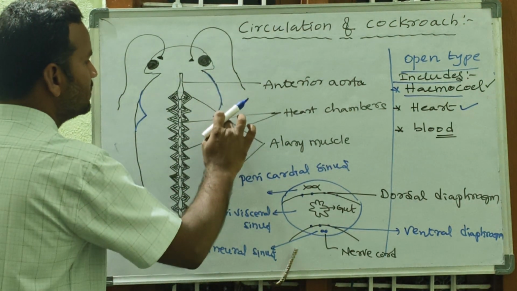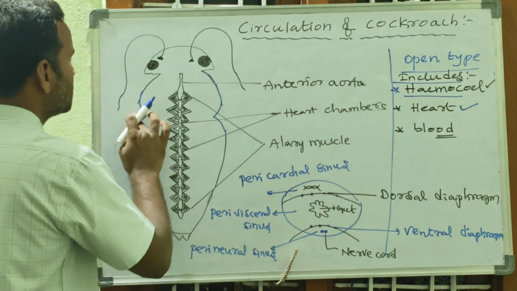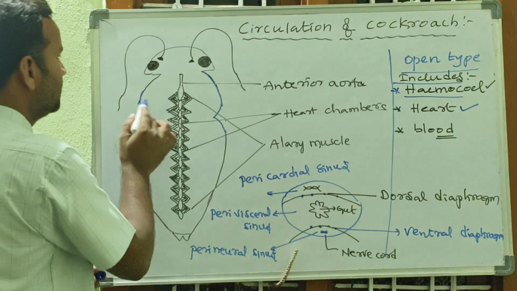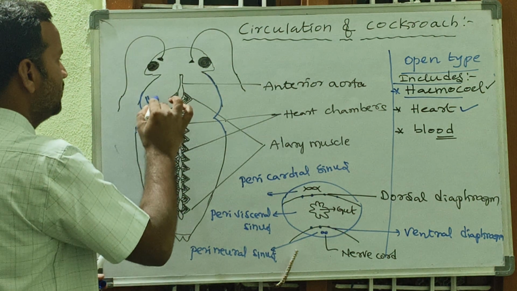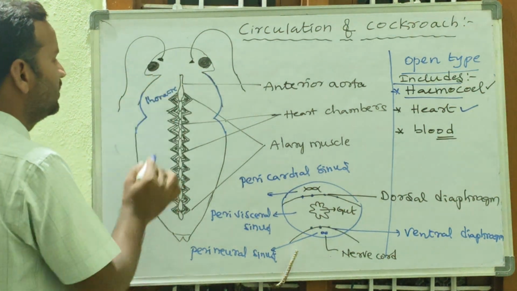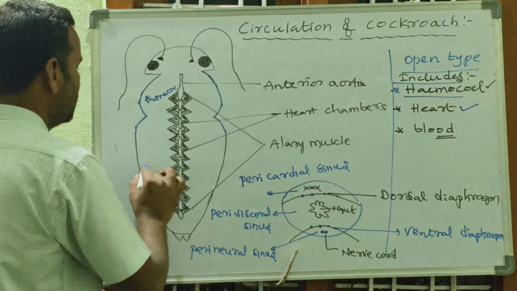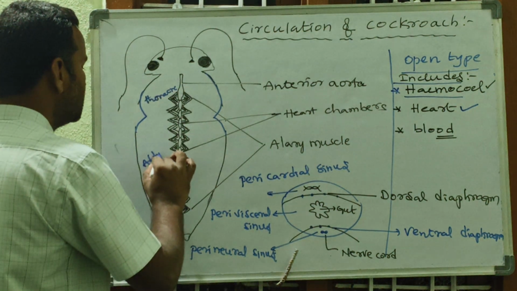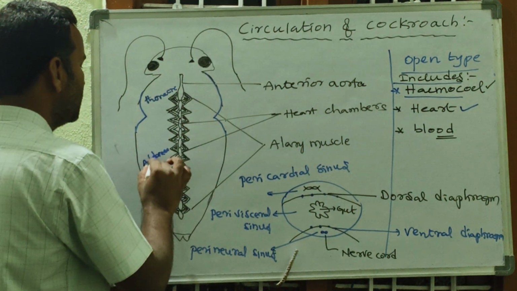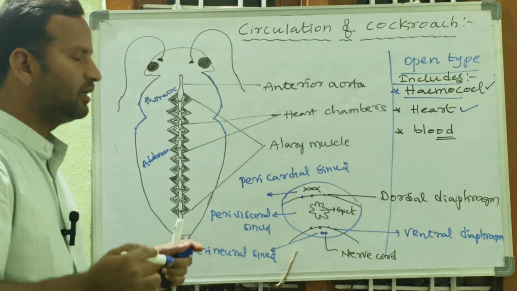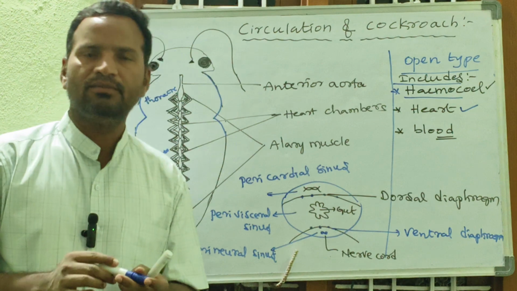Then the remaining 10 are present in the abdomen region. This is the abdomen region. This is about the structure of the heart.